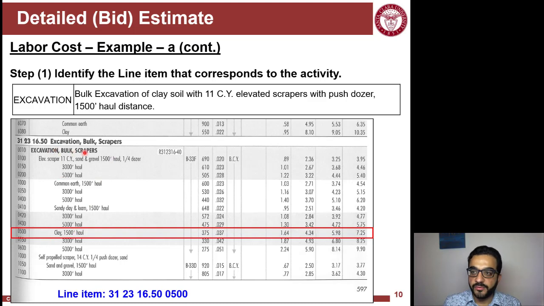And it's bulk excavation scrapers. So the line item, you read it here, is 31 23 16.50 0500. That's the line item. So when you report in your estimate what line item you picked, you just write the code of the line item that you picked.